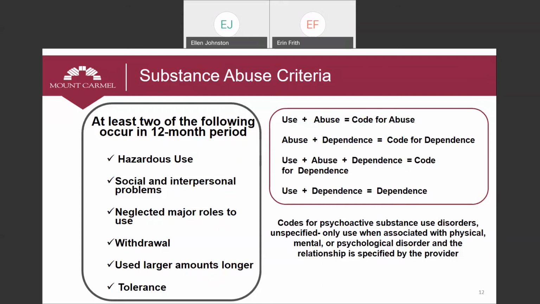For example, if use and abuse are documented together, a coder or health plan will code for abuse. If dependence is documented with use or abuse, a coder or health plan will code for dependence, since it is the most severe of the 3 diagnoses.